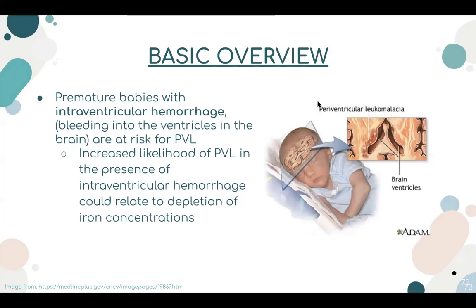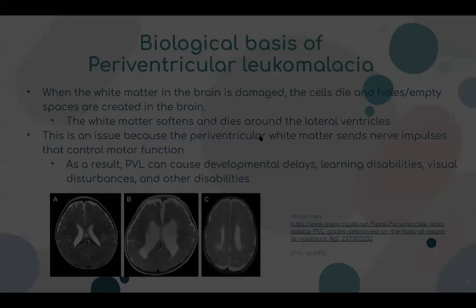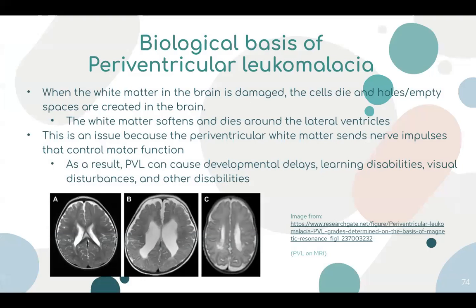Premature babies who have intraventricular hemorrhage, or bleeding into the ventricles of the brain, are at risk for PVL, and that also relates to the depletion of iron concentrations in the body. When the white matter in the brain is damaged, the cells die, and there are a lot of empty spaces and holes in the brain.